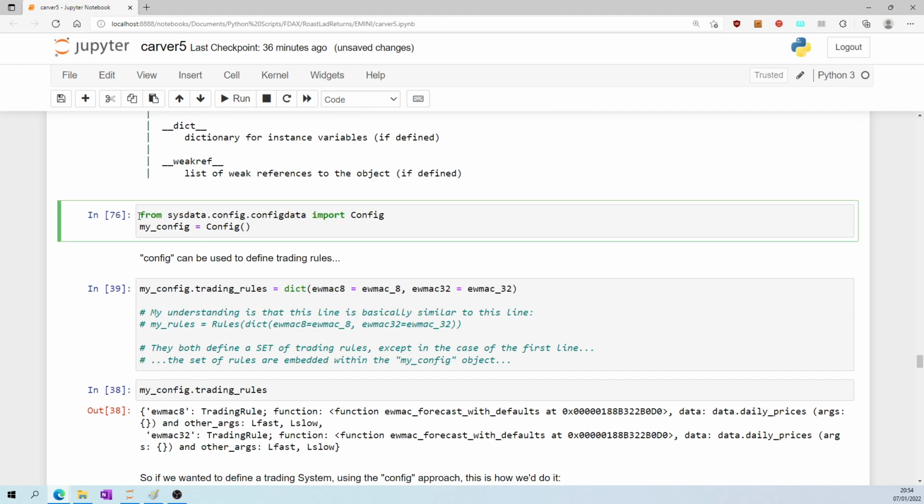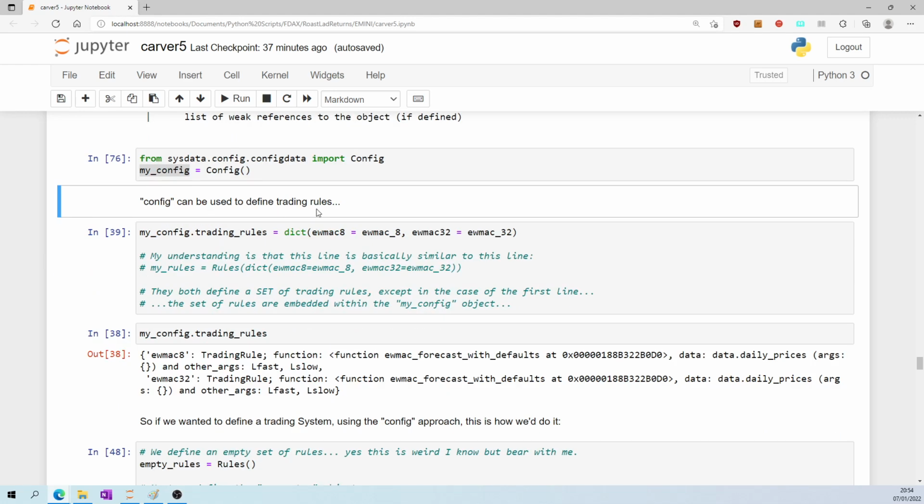So to make a configuration object, we have to import Config from sysdata, and then we assign Config to an object we call myconfig, and it can be used to define trading rules, as we're about to see. myconfig.trading_rules is equal to a dictionary containing the two trading rules we created.